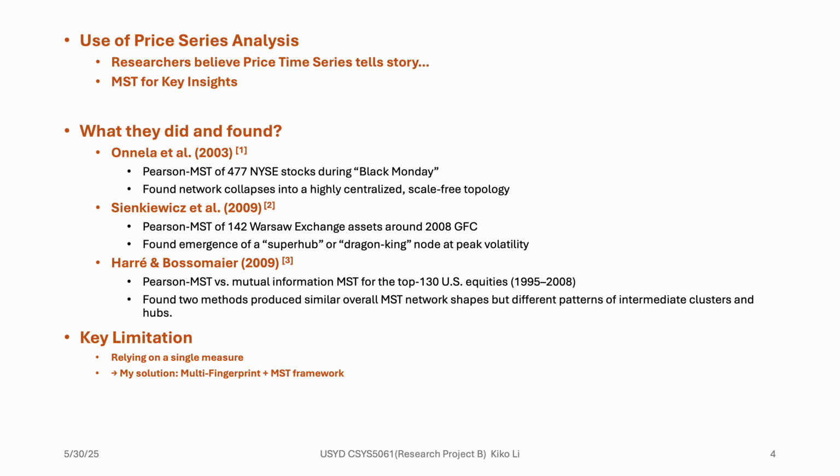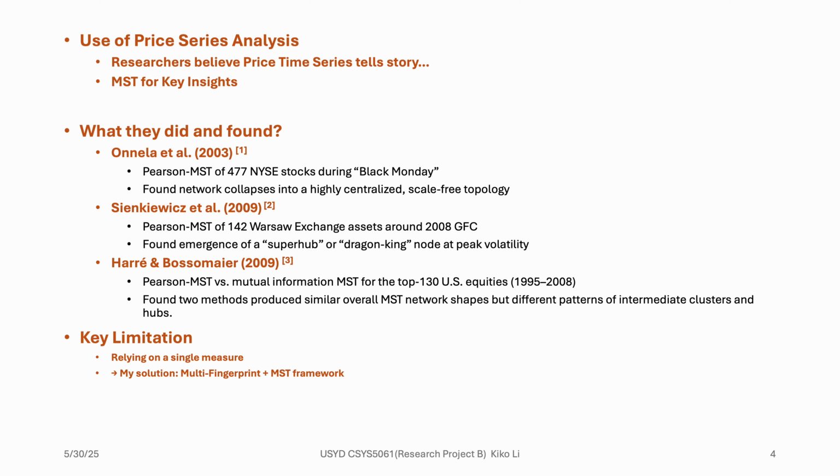Moreover, my supervisor compared the Pearson correlation minimal spanning tree with the mutual information minimal spanning tree on the top 113 U.S. equities from 1995 to 2008, finding that although both methods produce similar global network shapes, they show different patterns in the intermediate clusters and the hubs.